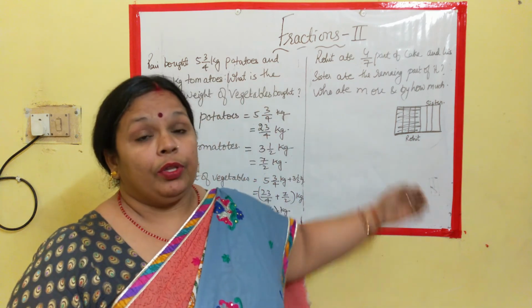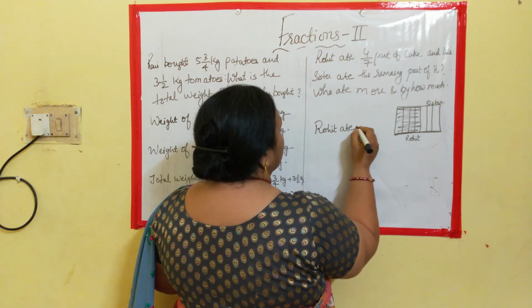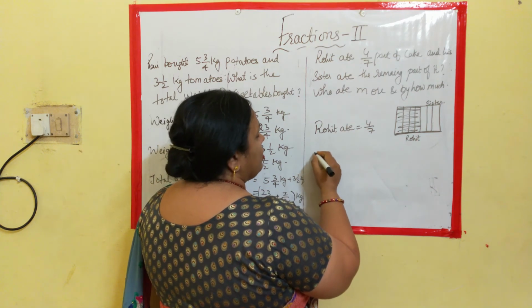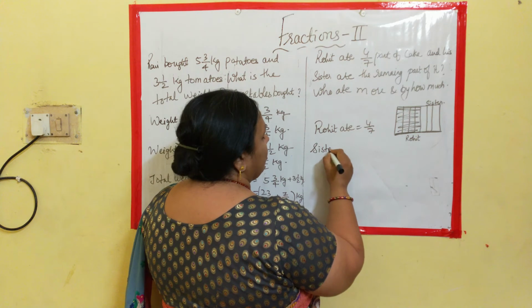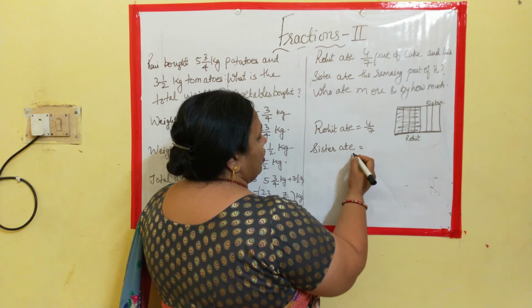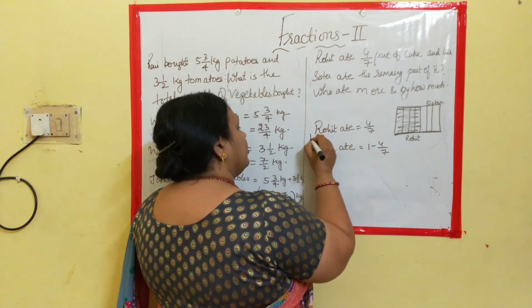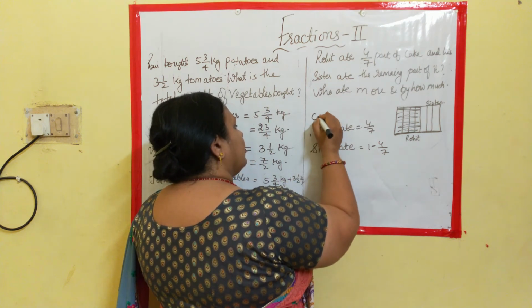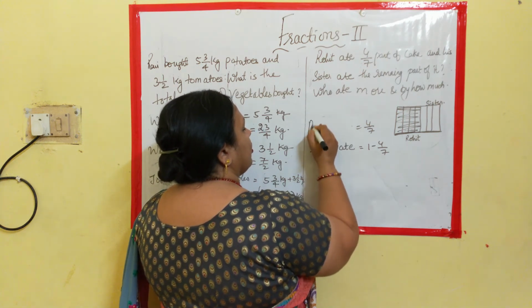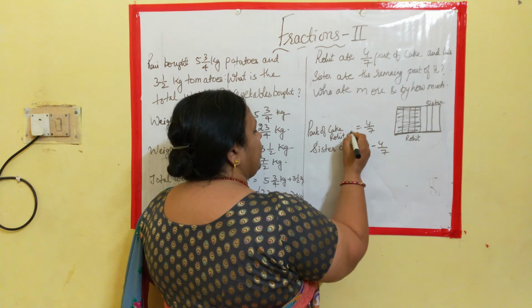Clear? With this we know that Rohit ate 4/7. Now the part the sister ate is 1 minus 4/7, the part of cake Rohit ate.